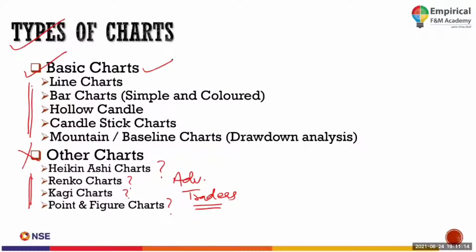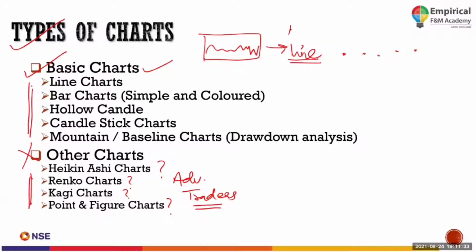Now, you have already seen that on that Excel screen, I had created a chart where there was a W pattern at the end, right? That was actually a line chart. So in a line chart, we only join the closing points of a time period or a time frame.